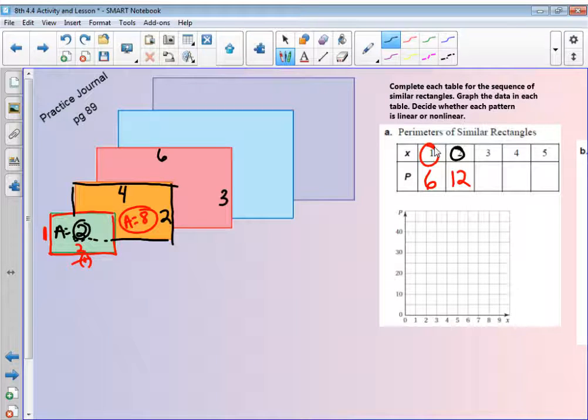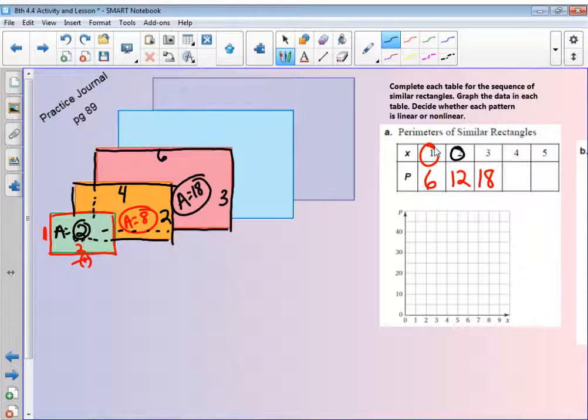Okay, so to do our perimeter, well, we would do 6 plus 6 is going to give us 12. And then 6 plus that would give us 18 for our perimeter. Our area, on the other hand, would be 6 times 3, which would also give us 18. So in this one, we had the same area.